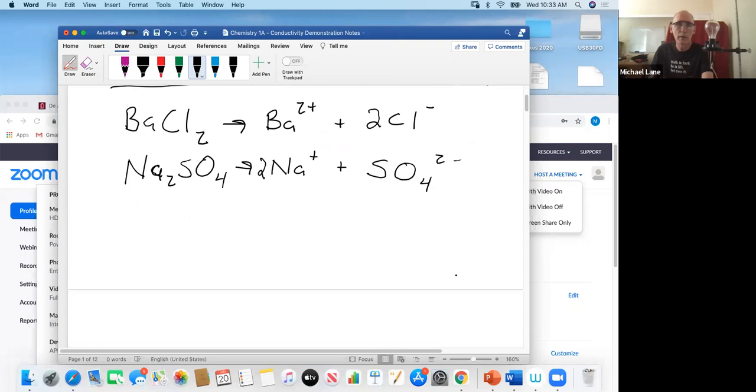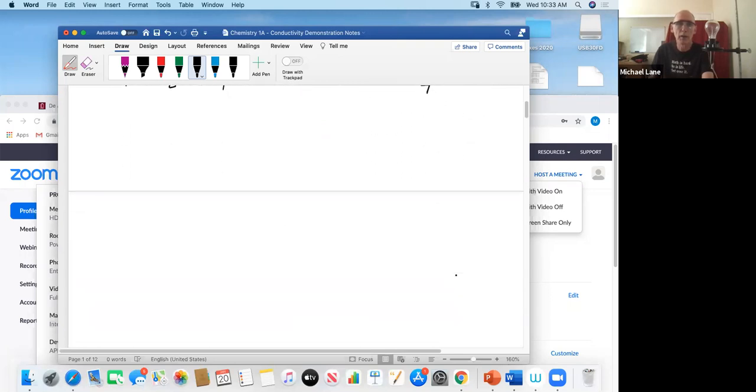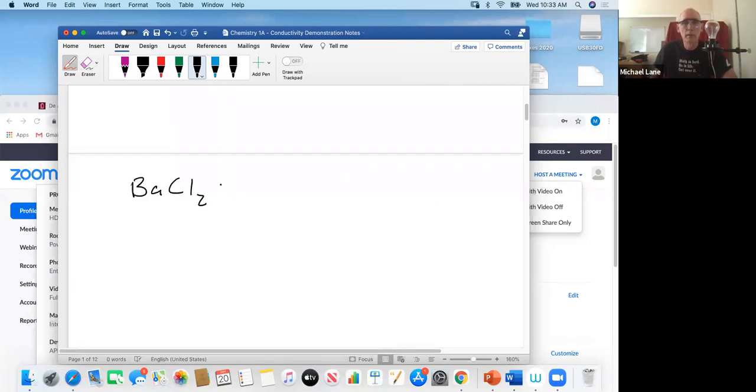Now, in terms of a chemical reaction, it looked a little bit like this. The barium chloride reacts with sodium sulfate to give barium sulfate plus sodium chloride.